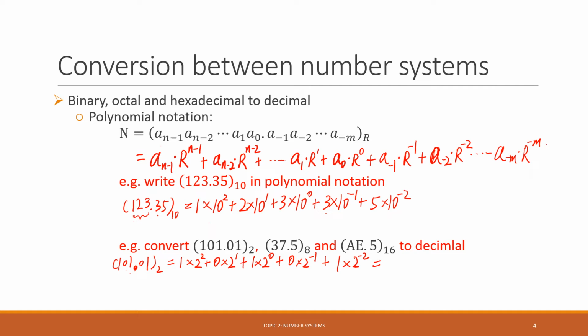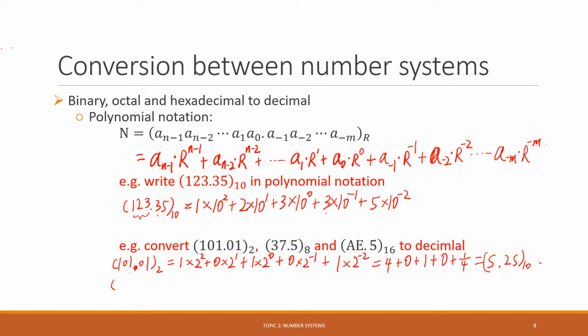If we calculate this out, we get 4 plus 0 plus 1 plus 0 plus 1/4, so it's finally equal to 5.25. That's the decimal representation of this binary number.